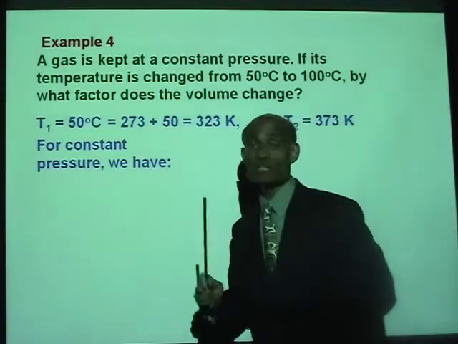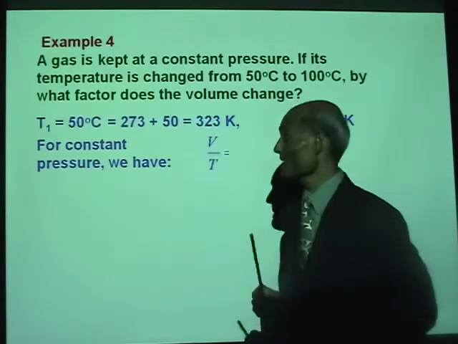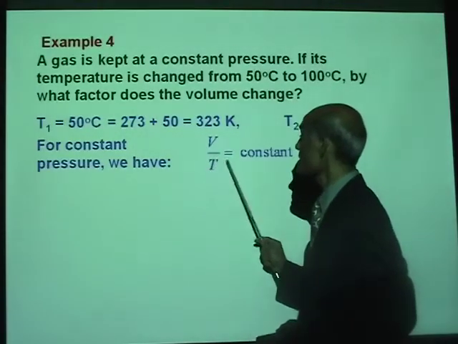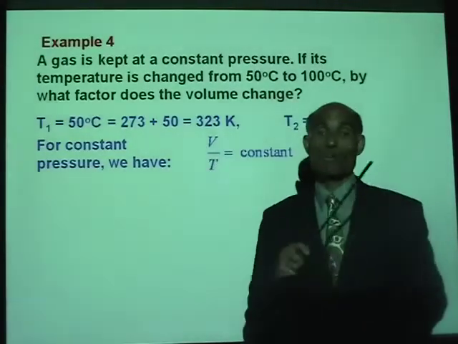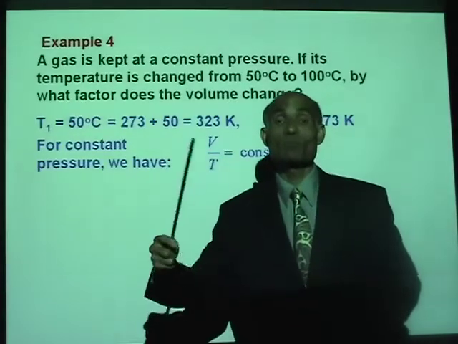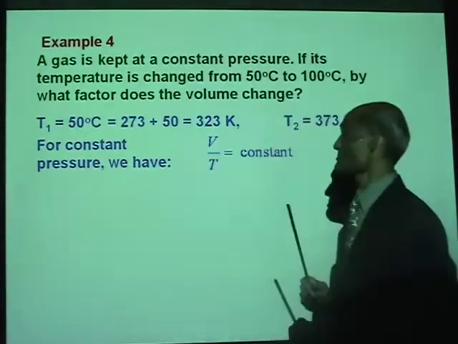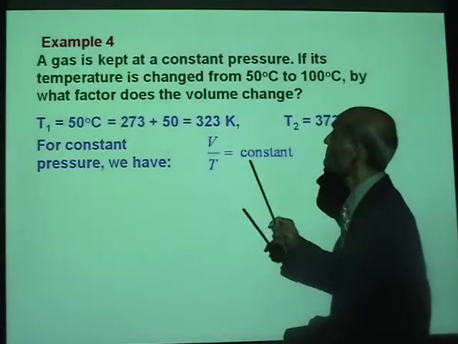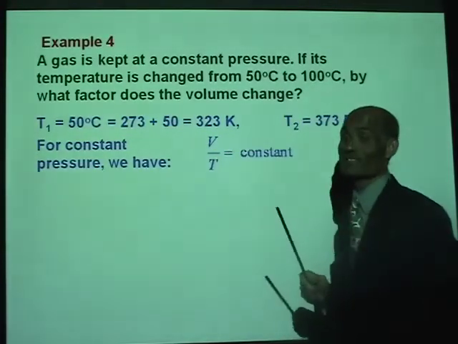When the pressure is constant, what is the equation we have? V over T is a constant. Volume is directly proportional to the Kelvin temperature. Now, what does this mean, V over T is a constant?